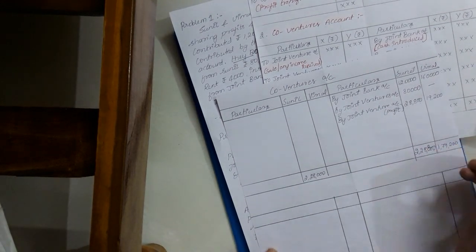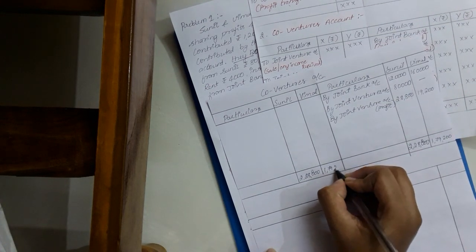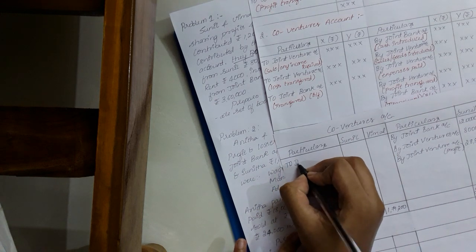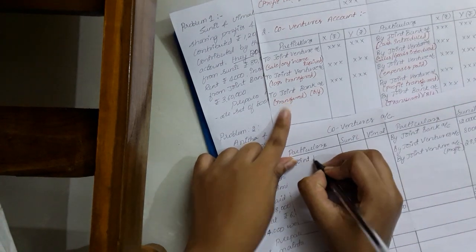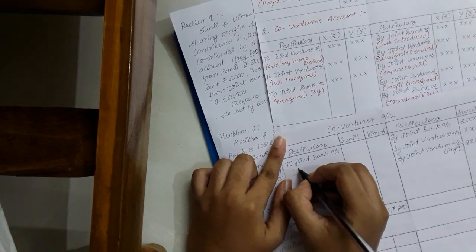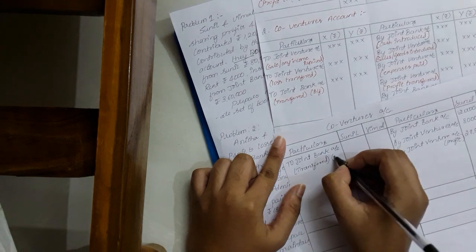This is 2,28,800, and next this is 1,79,200. So as usual, this is to joint bank account, that needs to be transferred to joint bank account. Transferred. So this is the balancing figure.